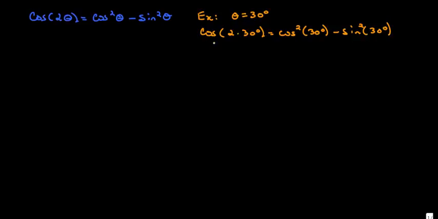So let's work with this left side. Here, this is going to give me cosine of 60 degrees. Let's raise that up a little bit so it looks like a degree symbol. Should be equal to, now the cosine of 30 is going to be square root of 3 over 2. The sine of 30 is 1/2.